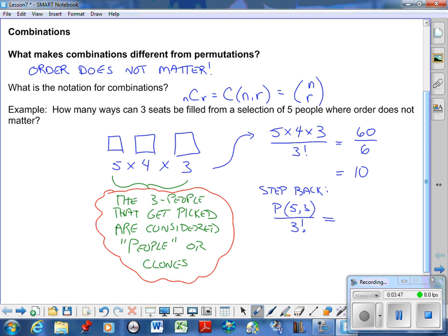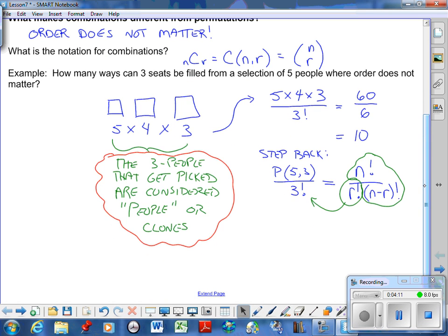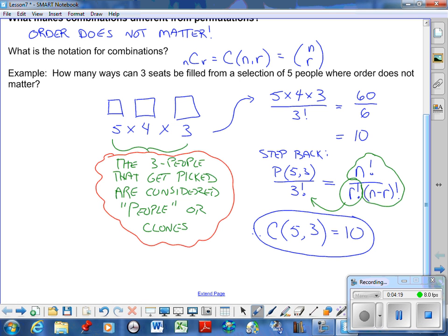So really, this is simply n factorial over r factorial times n minus r factorial. The part here is from the permutation, and the r factorial matches up with the clones, or what we're trying to get rid of. Therefore, the answer here is simply 5 choose 3, which equals 10. So it's just a combination. Combinations, order does not matter. Can't stress that enough.